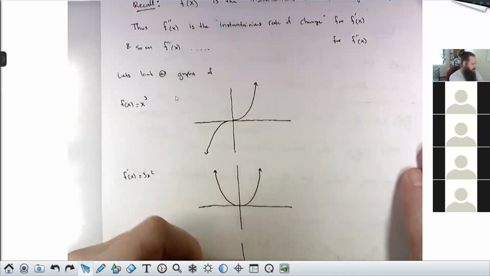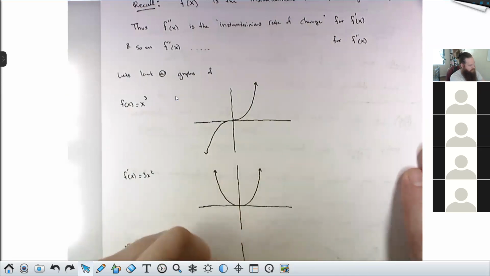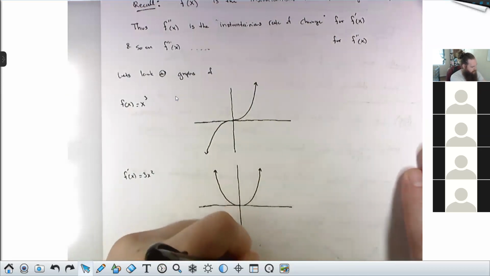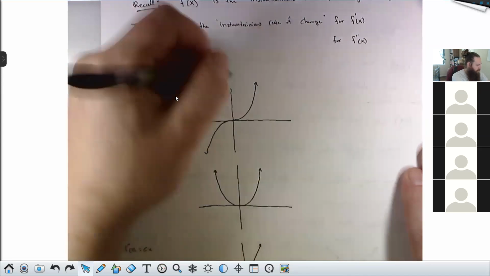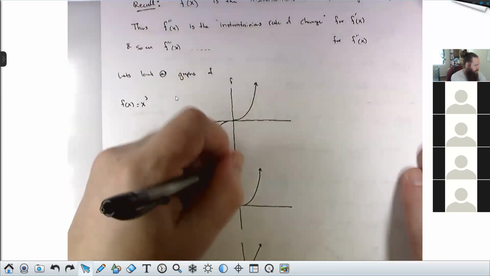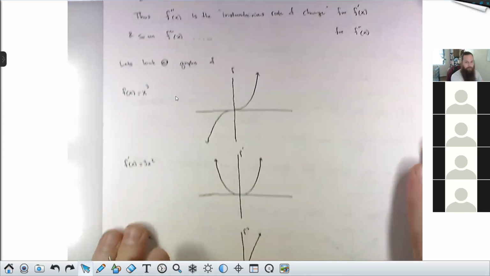And 6x has a shape like this. It says f, f prime, f double prime.